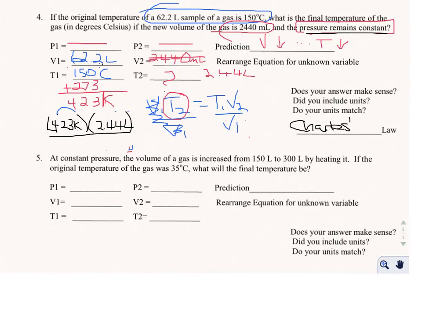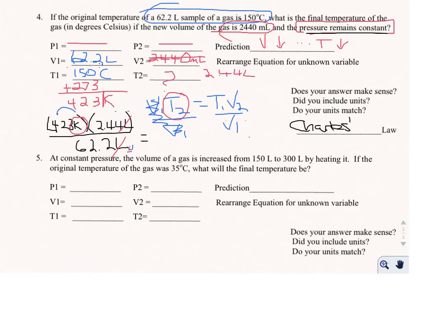And V1 is 62.2 liters. Notice how I continue to keep the units in my work, because now I see that liters cancel and my final answer will be in Kelvin. That helps me see that I've done the problem correctly.